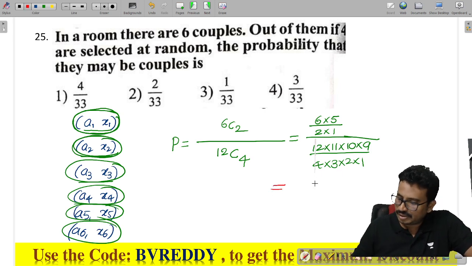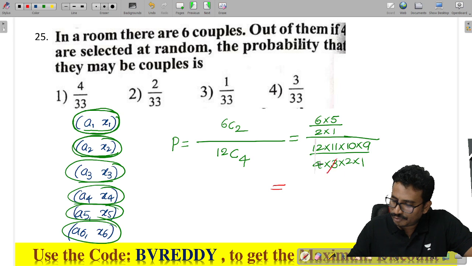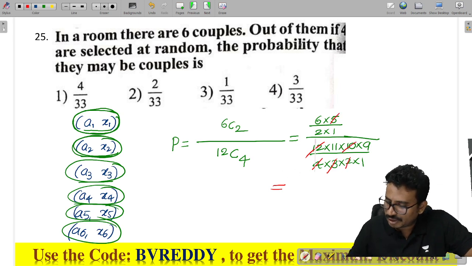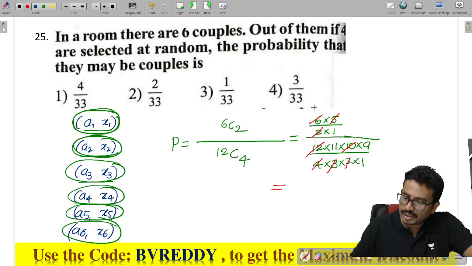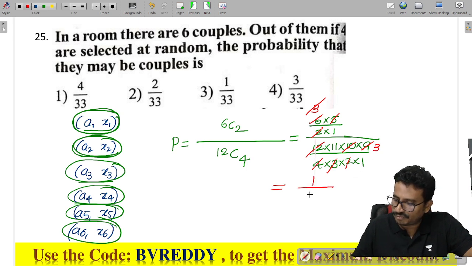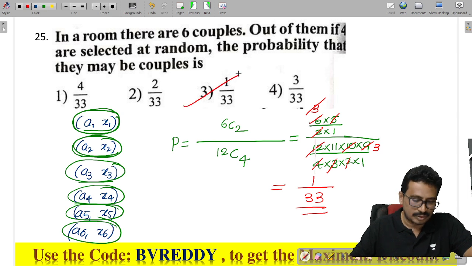Here 12, and then this is 2, this is 5, 10 will get cancelled. What else can you see now here? This 2 and this is 3, 3 will get cancelled. So fine, in the numerator we have only 1 by 33. Check this answer. Third option.